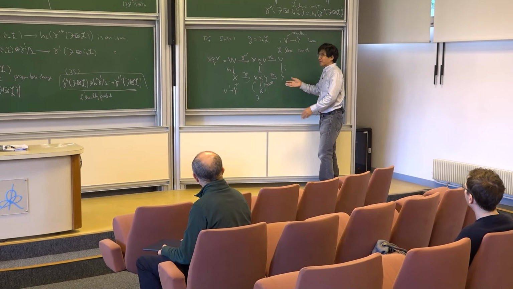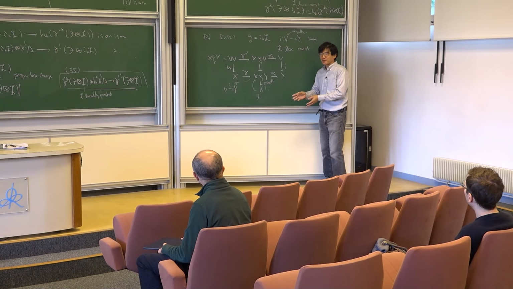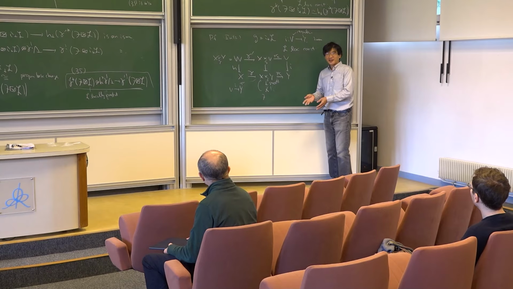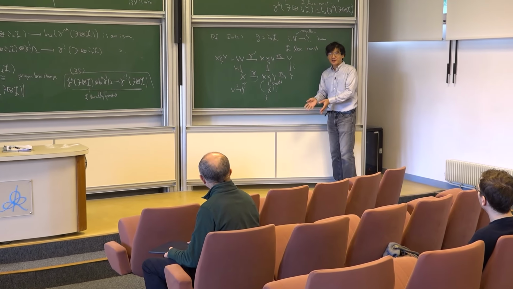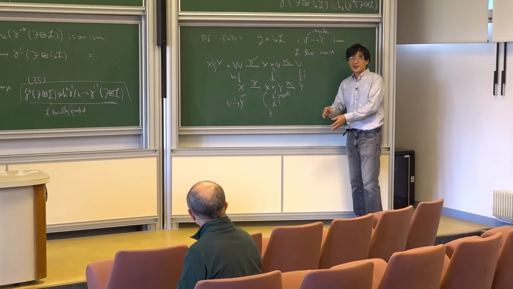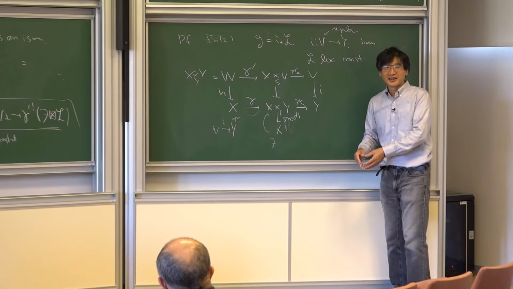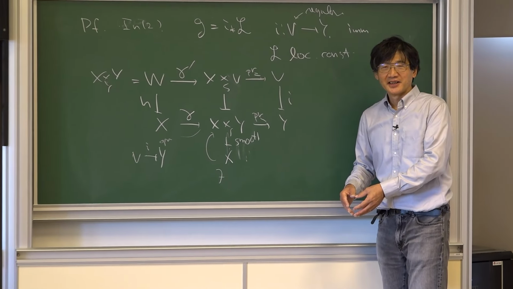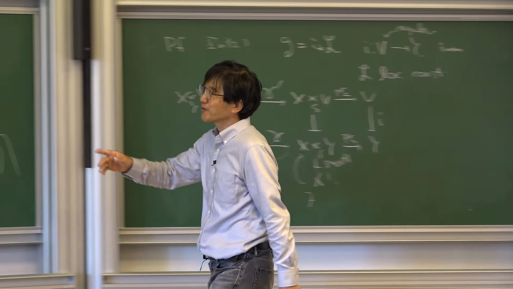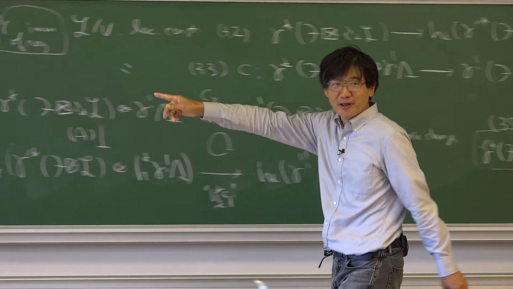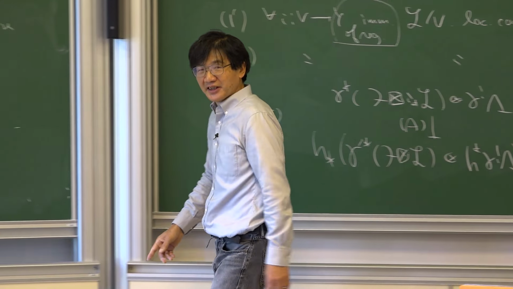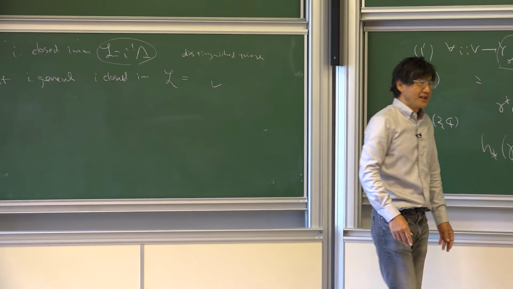By divisions, I want to take some arbitrary subscheme and take its open, and then I want it to be regular. Why? Because I need to work with this I acyclic. Okay.